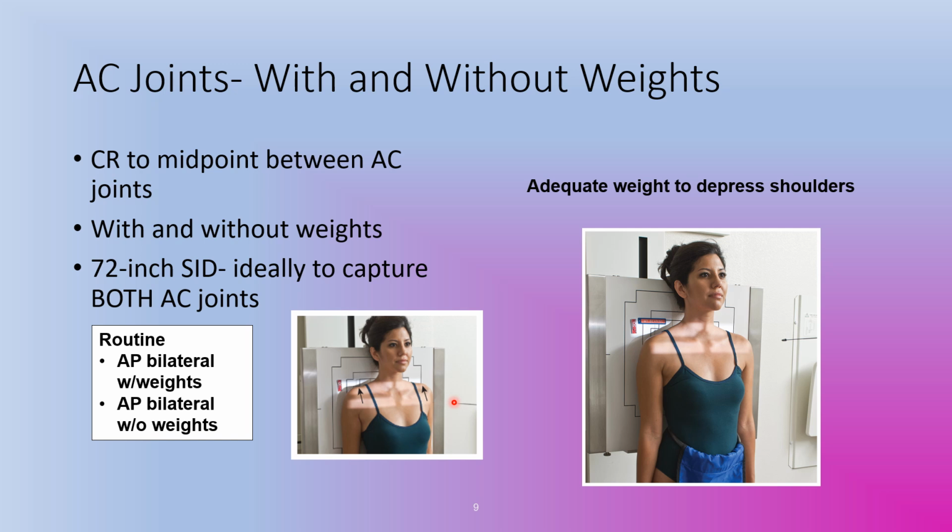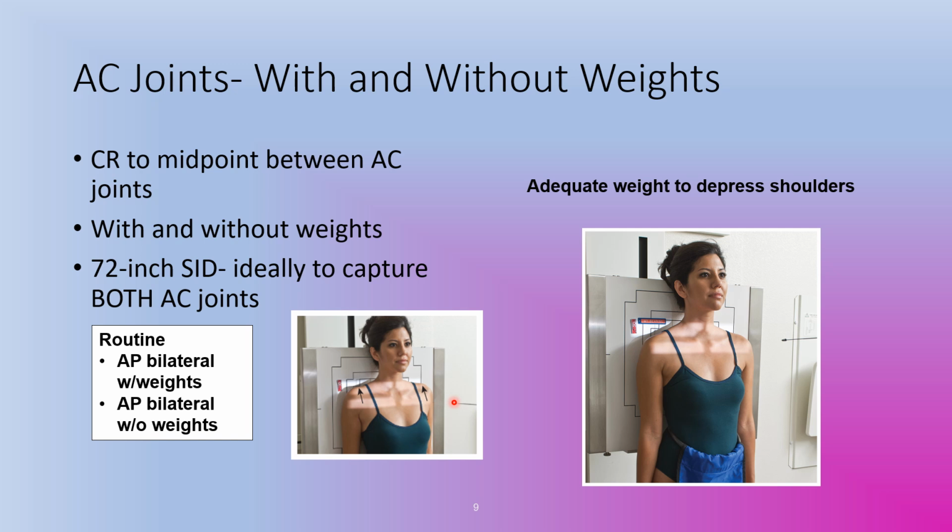If the patient is so wide or broad that they would not fit on one IR, then you are forced to do 4 separate IRs, because you need both joints. So you would do 4 separate IRs, and you would come into a 40-inch SID.